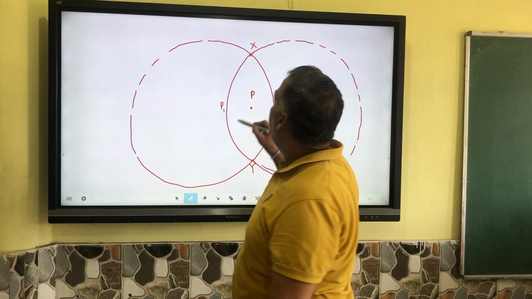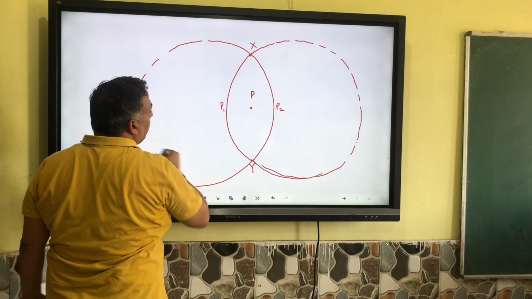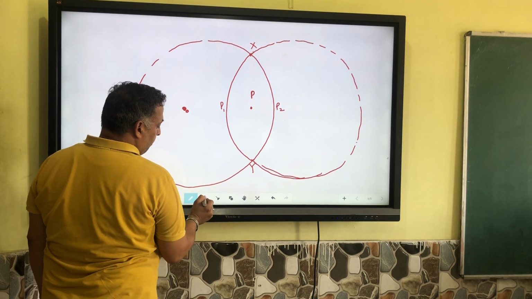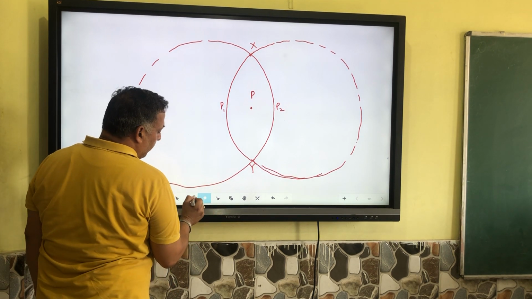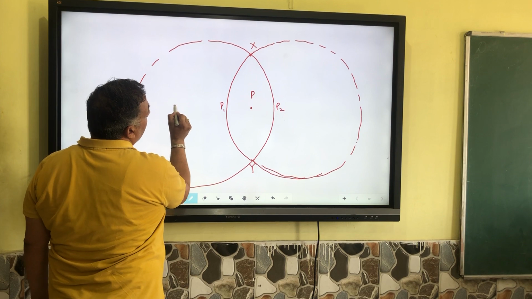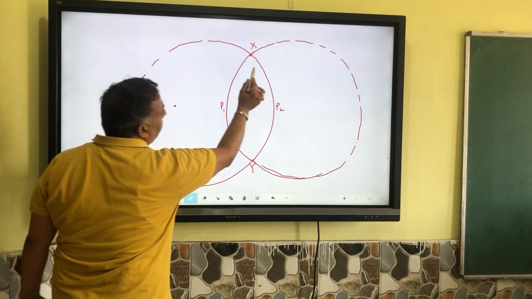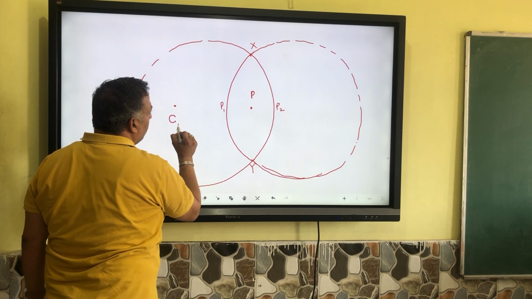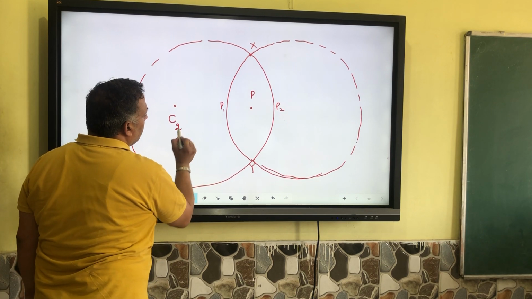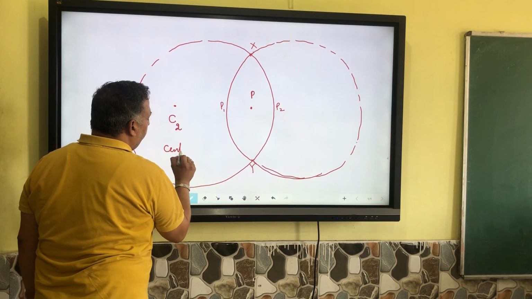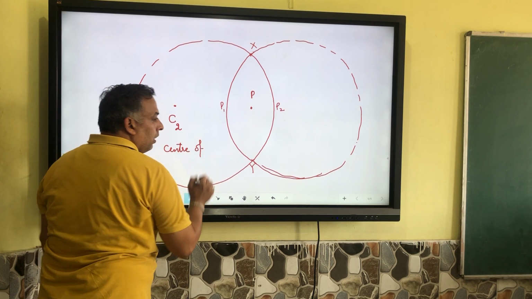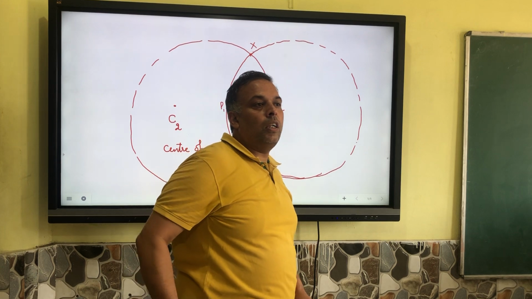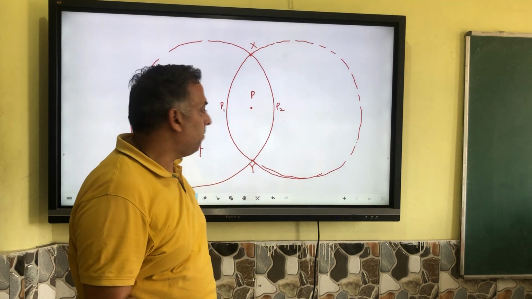And the center of the sphere of which this refracting surface is a part is called the center of curvature.